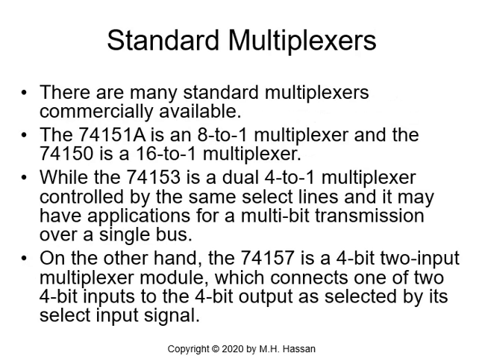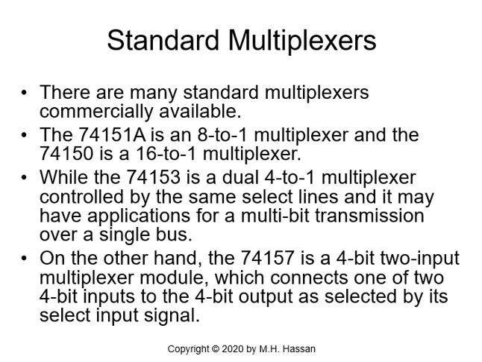There are many standard multiplexers available on the market. Mainly, the 74151A is an 8-to-1 multiplexer, and the 74150 is a 16-to-1 multiplexer. The 74153 is a dual 4-to-1 multiplexer. Dual means we have two multiplexers on one chip, controlled by the same select lines, and may have application for multi-bit transmission over a single bus.